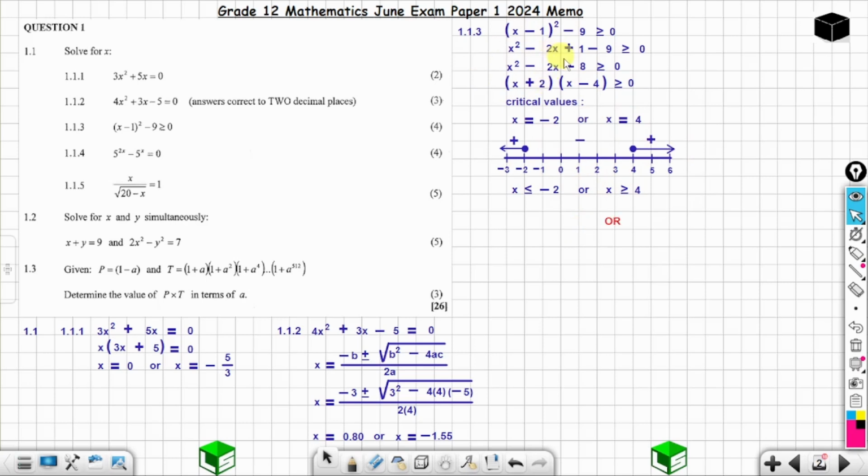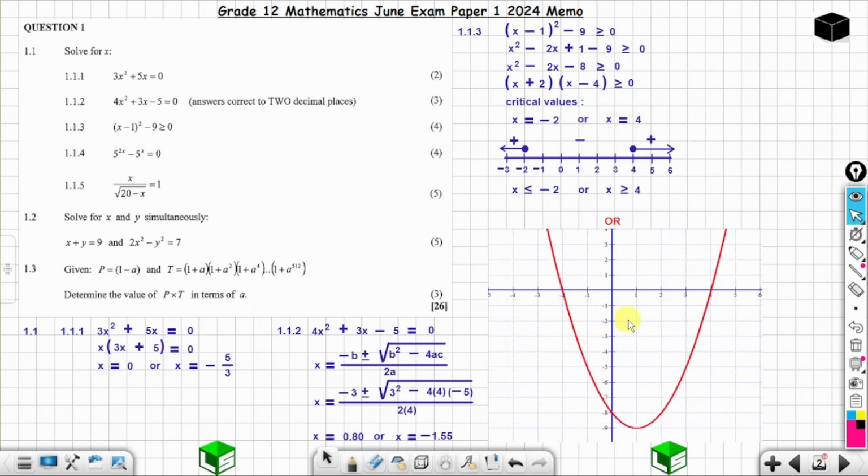Or you can solve this inequality using a parabola. When you check this part, this is a parabola which is concave up, because the value of a in front of x squared is positive. So you are going to have a parabola cutting the x-axis at -2 and 4.